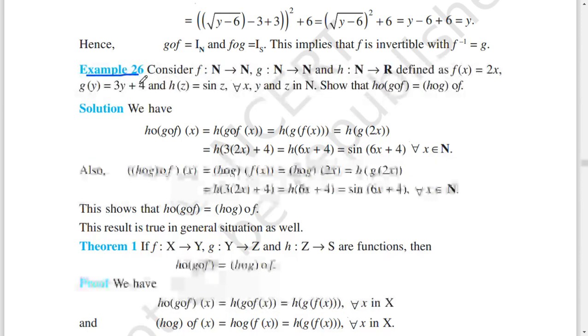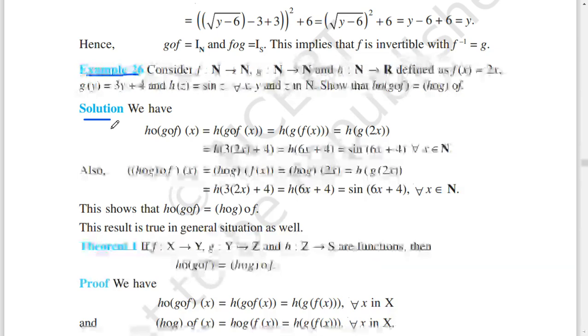Solution. We have (ho(gof))(x) equal to h of (gof)(x) equal to h of g of f(x) equal to h of g of 2x equal to h of 3 times 2x plus 4 equal to h of 6x plus 4 equal to sine of 6x plus 4 for all x belongs to N.